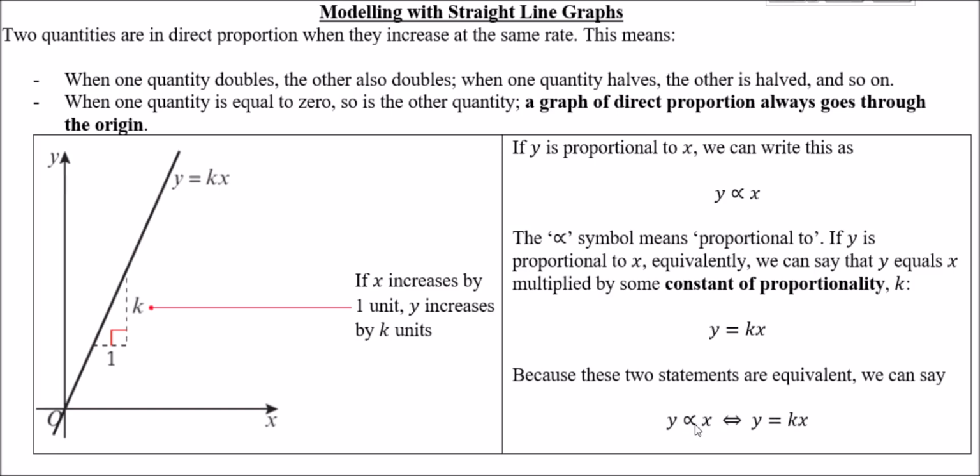So y being proportional to x implies y equals kx, and if y equals some constant multiplied by x, that also equally implies that y is proportional to x. This double-headed arrow also means if and only if.